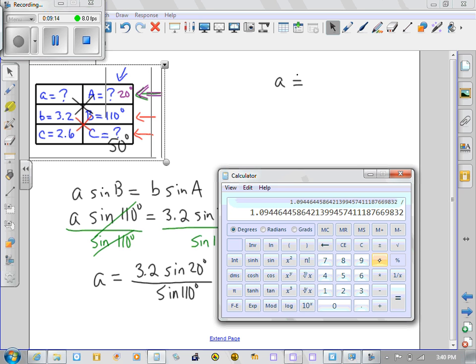So I'm going to divide by, I need to key in 110. I'll press the sine key. Now that gives me the value in the denominator, or sine 110, and then I'm going to press equals. And I end up with an answer of 1.16.